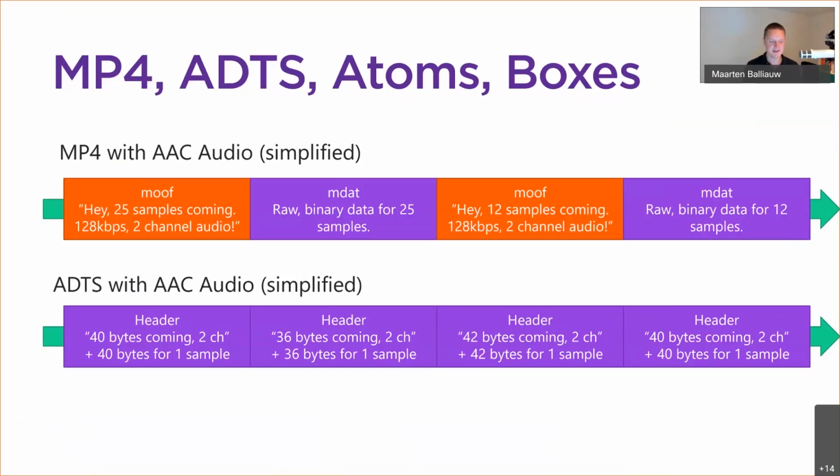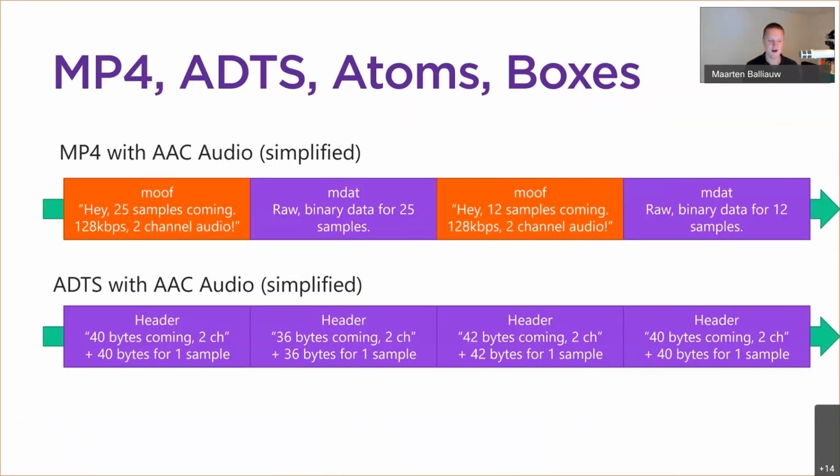In ADTS, the header and the data is kind of combined. So instead of sending a header for 25 samples and then the data for 25 samples, what ADTS would do is have a header saying there's 40 bytes coming in. This is one sample, 2-channel audio, and then just stream those 40 bytes of data for that one sample.